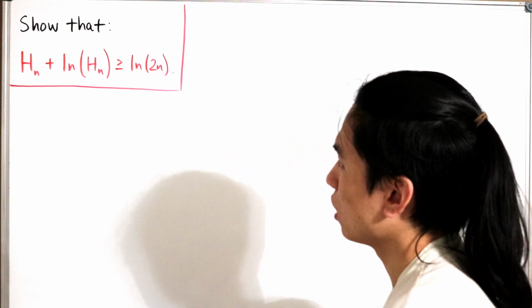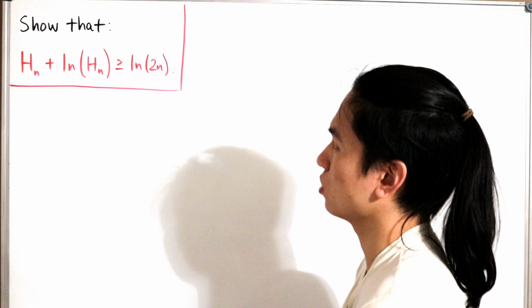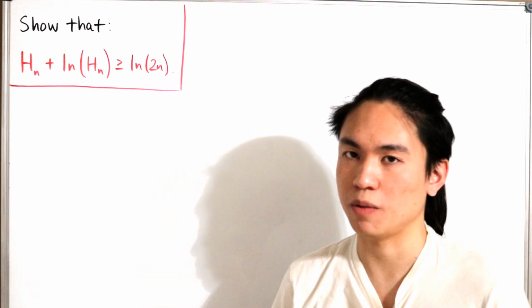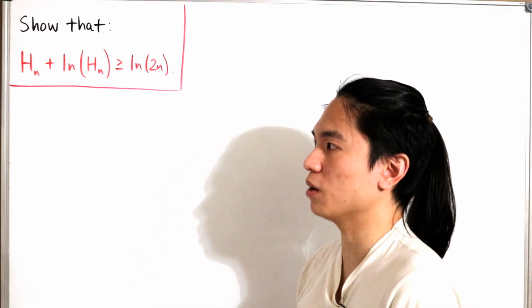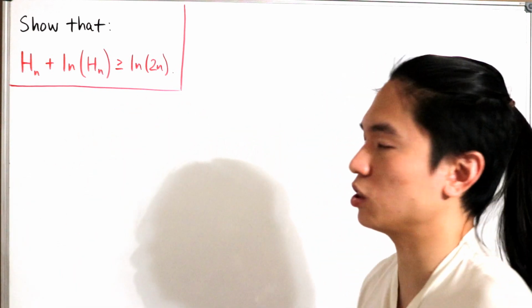The way to prove this inequality is to start with a smaller result, namely a lemma, and use that lemma to work our way up to the bigger picture, which is the theorem.